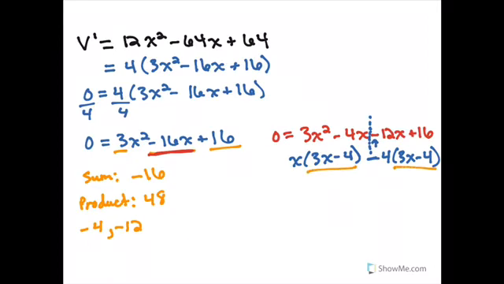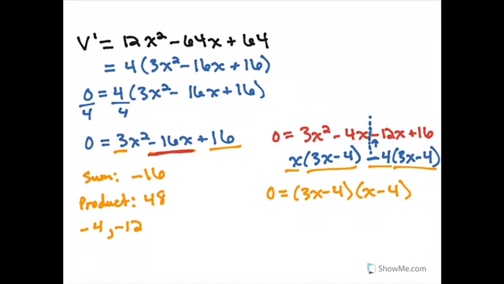So these two factors match, and they have to match for this to work. That becomes one of my factors. So I have 0 equals 3x minus 4. And what's left in front of those is my other factor, x minus 4.